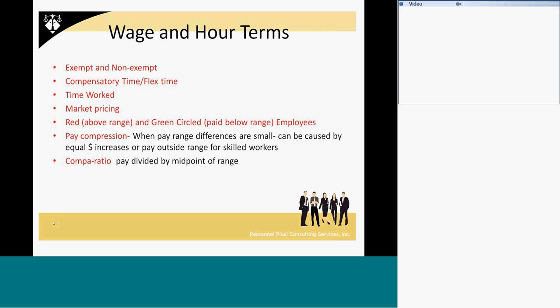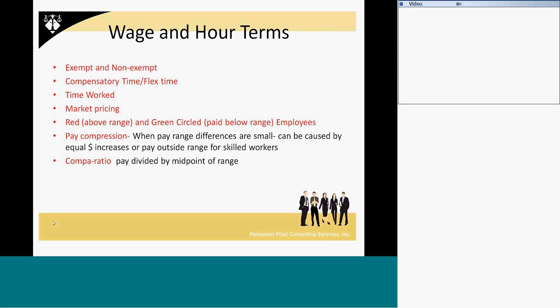It's important to remember that for some people, the word exempt means exempt from both minimum wage and overtime. With others, it means exempt only from overtime. So if you're a farm and ranch worker, you have minimum wage, but you don't have to get overtime. If you're somebody that works as a referee for a high school football, there's partial exemption for them.